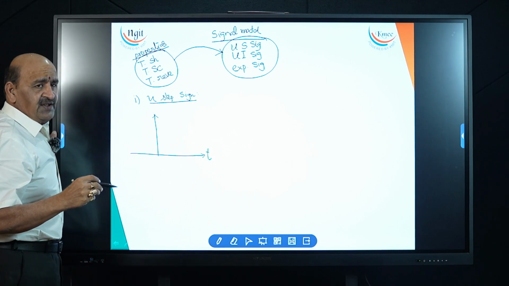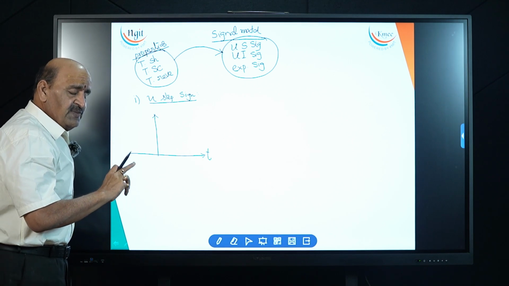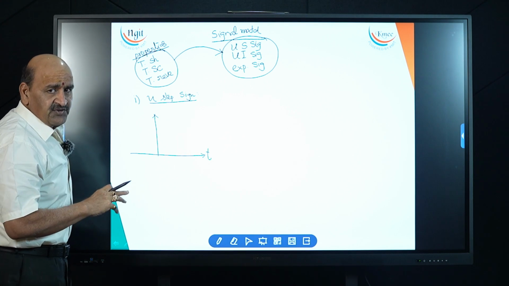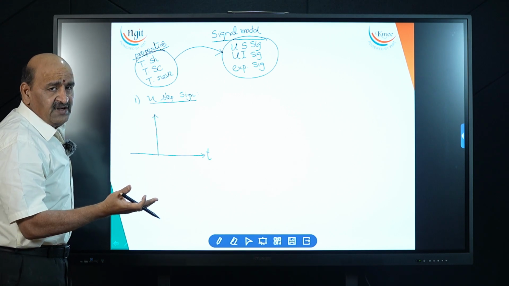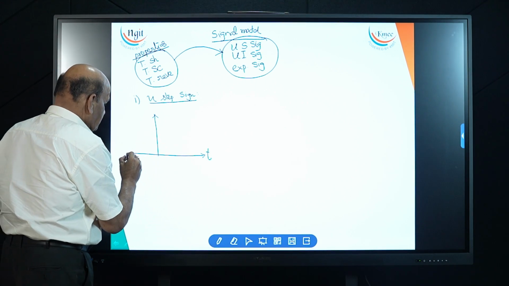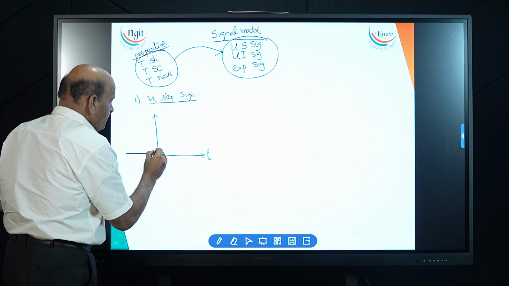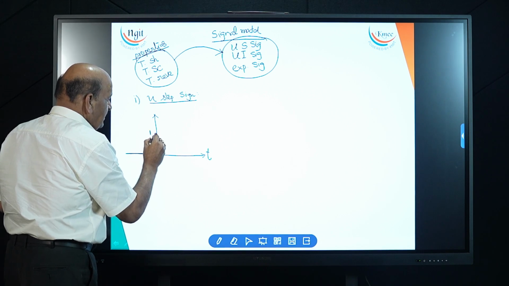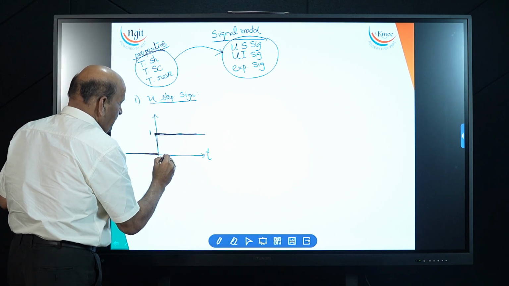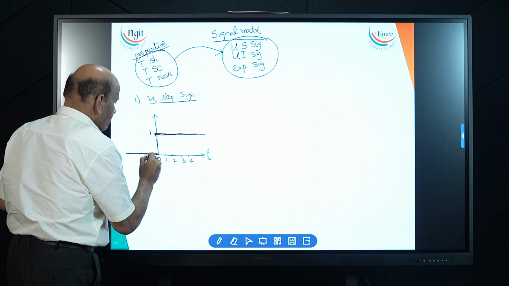In most cases, we made differences between continuous time and digital time signals. Here I am mentioning continuous, and I think the remaining work for digital is very easy for you. This is 0, the amplitude is 1 for all values to the right, and the axis marks are 1, 2, 3, 4, and minus 1, minus 2, minus 3.